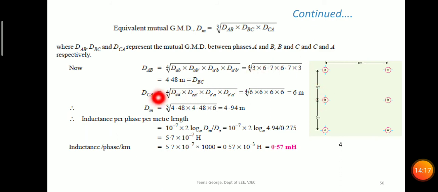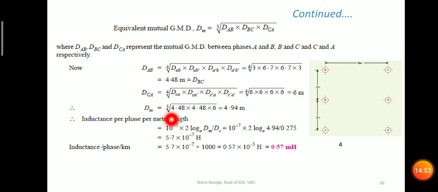Substituting, we get 4.48 meter. Similarly, for DCA, the distances between C and A, C dash and A dash, C dash and A, and A dash and C are all 6 meter. So we get 6 meter.